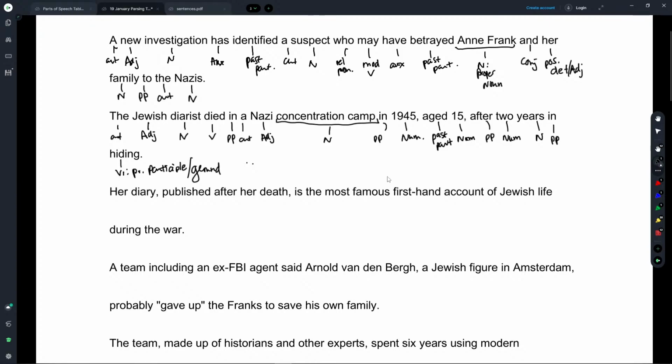Her. Again, we have her, and remember we have something in front of a noun. Right? And because we have something in front of a noun, we have a possessive determiner or adjective.